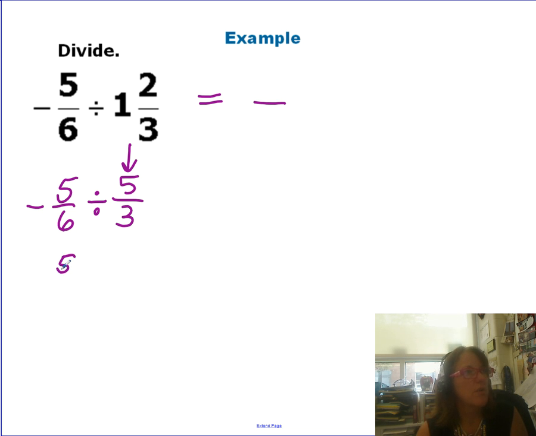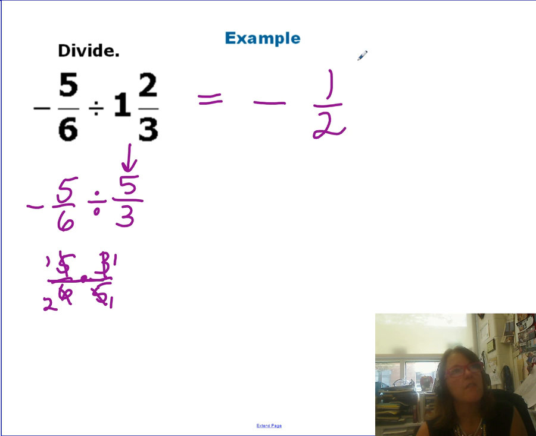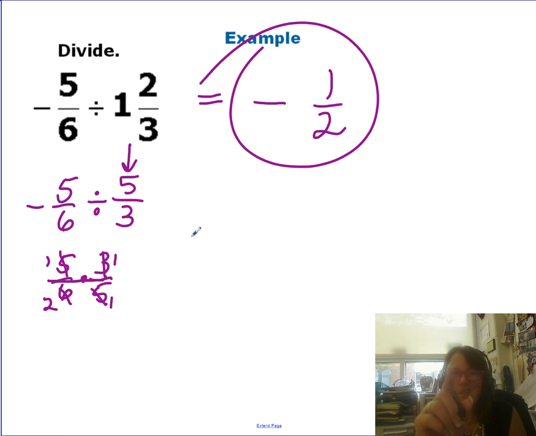So now I'm just going to write 5/6, and I'm not going to worry about the sign because I took care of that. Change divide to multiply by the reciprocal. One giant fraction. Yes! 3 can go into 6 twice. I get 1/2. Boom. Nice.